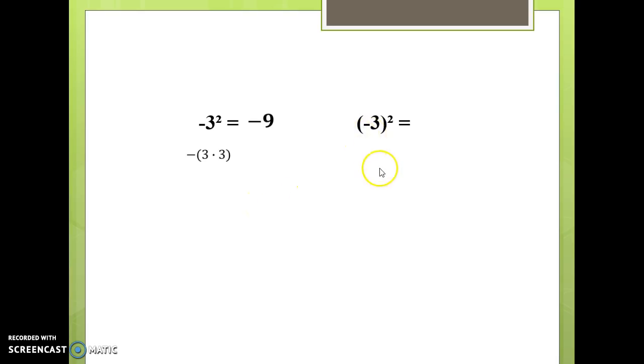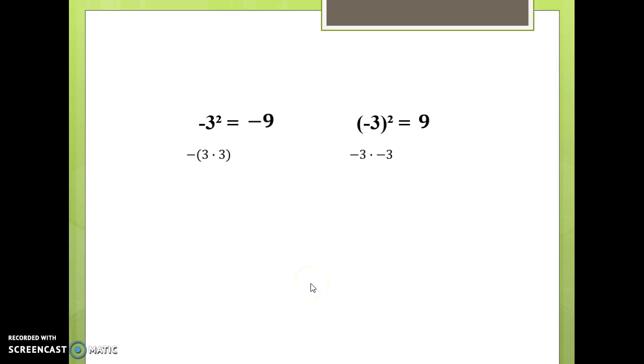In the second case, though, we have the square applying to what's in parentheses, which means we have to square negative 3, which means negative 3 times negative 3, which would give us positive 9. And you see how very important it is to recognize what is being squared. Because in the first case, we have a negative answer, whereas in the second case, we have a positive answer.